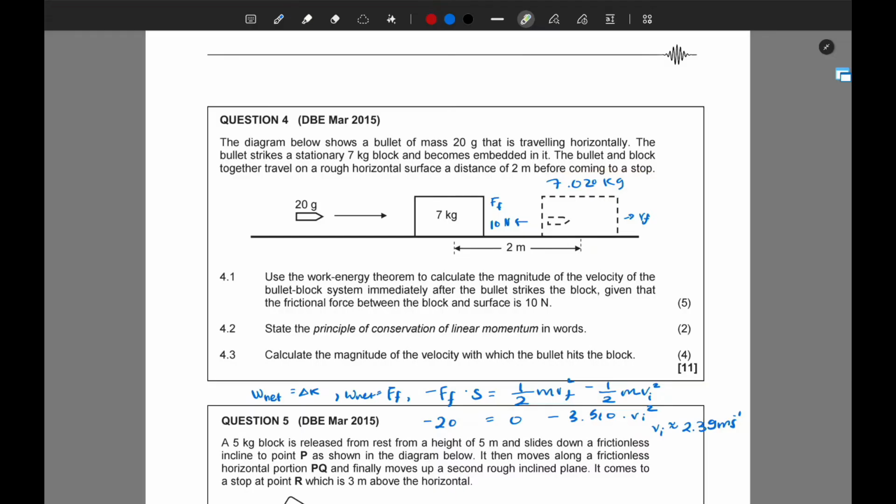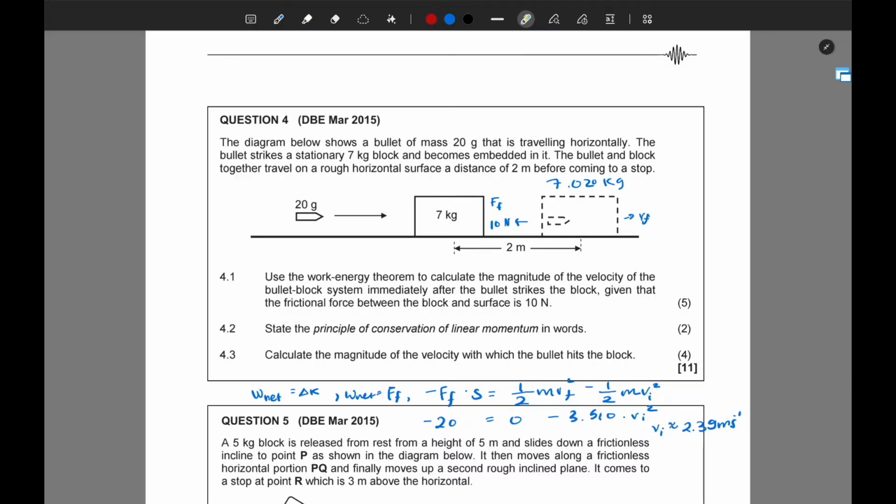Then after plugging in, we'll get 3.510, and then we'll leave the initial velocity as a variable. You'll realize now that it's just simple algebra, which simplifies into the velocity being around 2.39 meters per second.